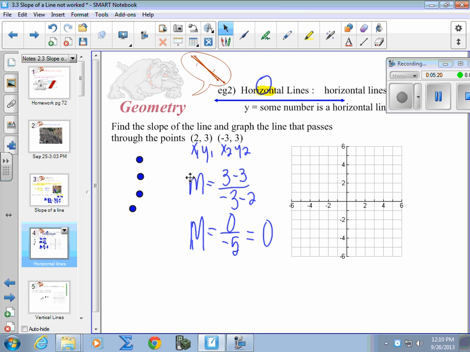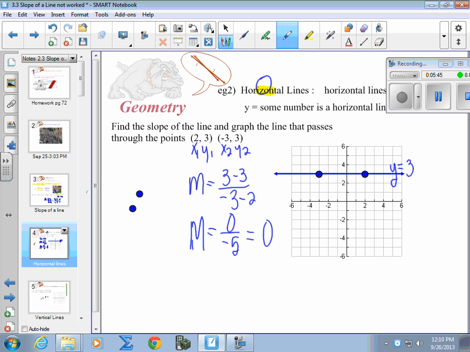So if you were going to graph these points, it would go over 2 and up 3. You would go over negative 3 and up 3. So you have a horizontal line on y is equal to 3.